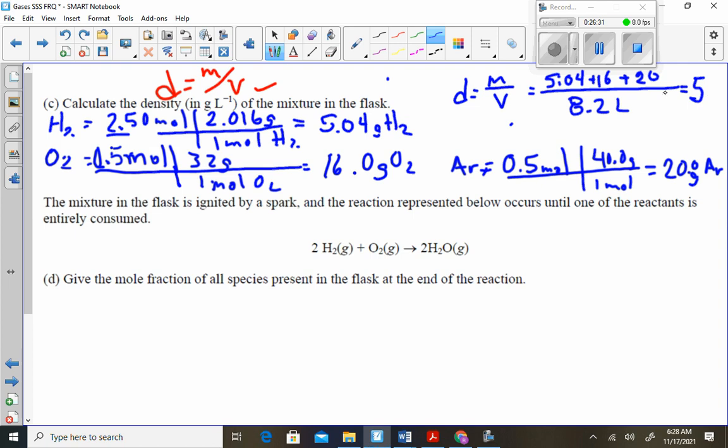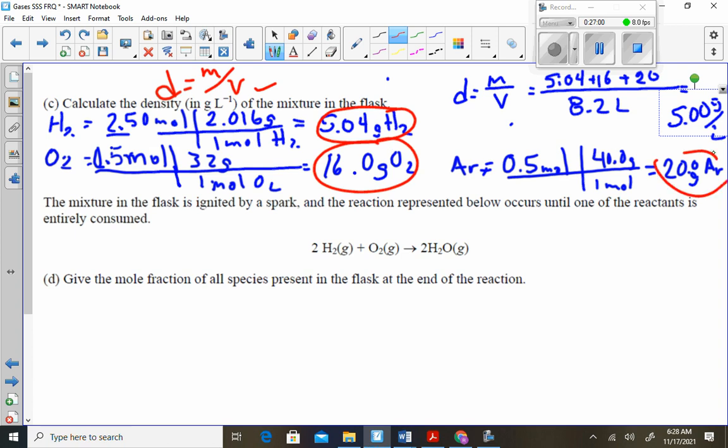If we look back at everything, we should have 3 sig figs, and the units are grams per liter. So we'll make that a little neater, 5.00 grams per liter. For this one, we have 1 point for finding all of the masses. If you found all 3 masses, that was worth 1 point, and 1 point for calculating the density.